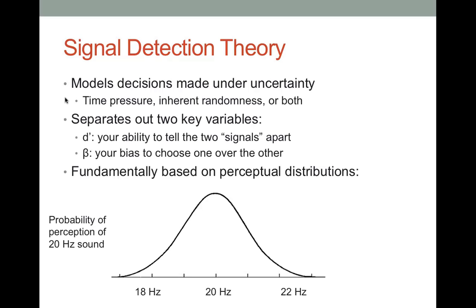So let's take a really simple example here. Let's say that I played you a 20 hertz sound. I can generate some kind of graph where I ask you, what did that sound like to you?